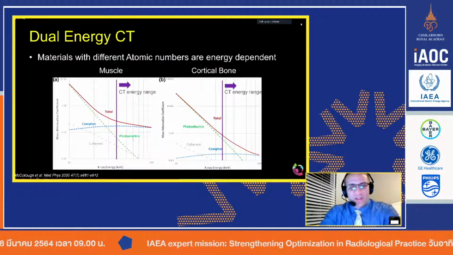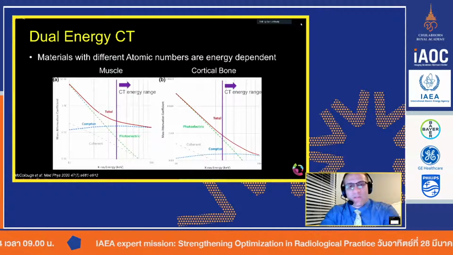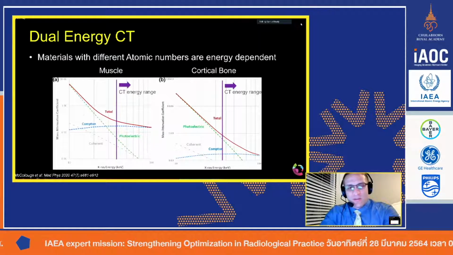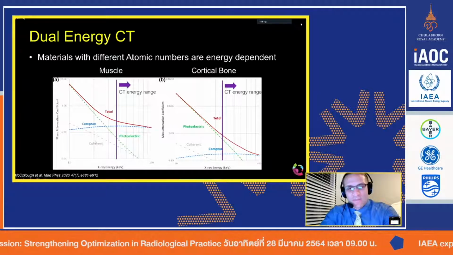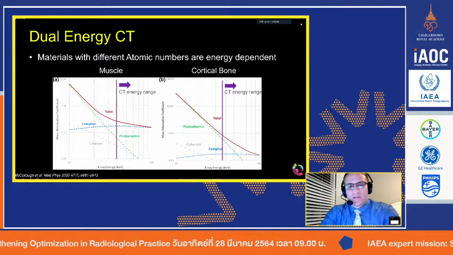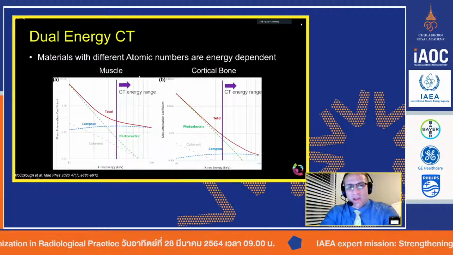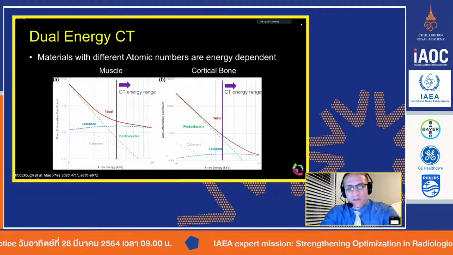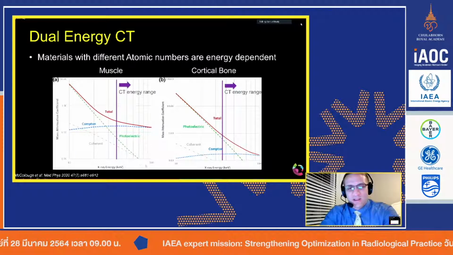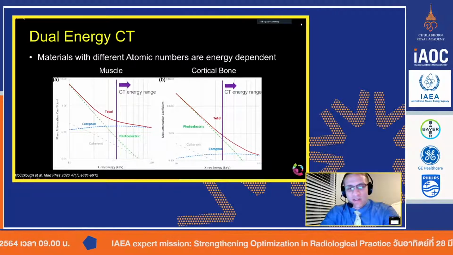And radiation interacts with our body in one of 3 fundamental ways, either with Compton scatter, photoelectric effect, or coherent scatter. And we know that the radiation, as it interacts with our body, is energy dependent. So if you look along the bottom, along this x-axis, you go from low energy to high energy.